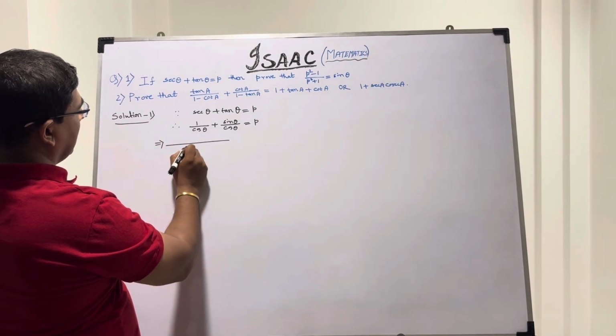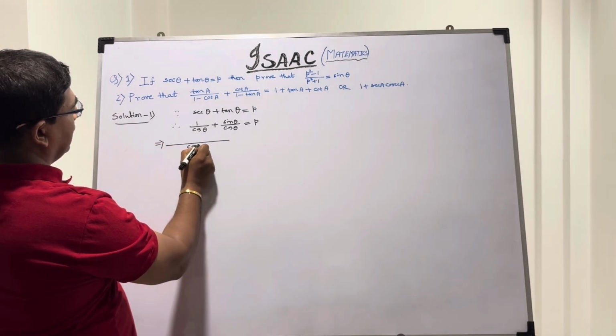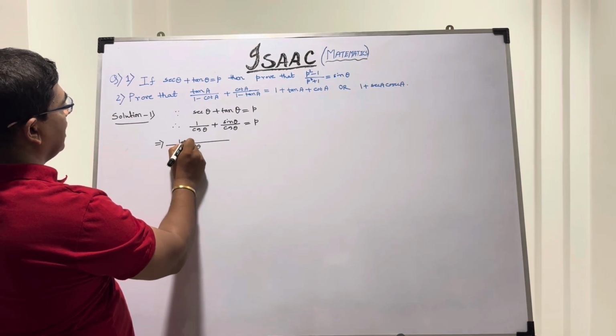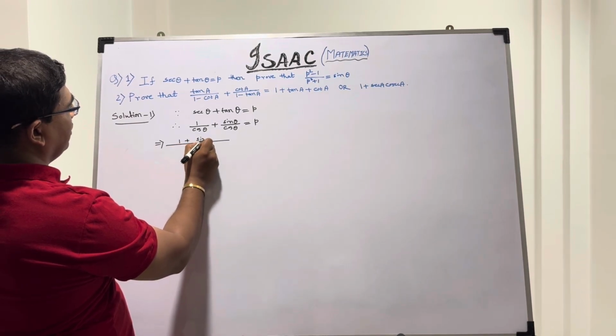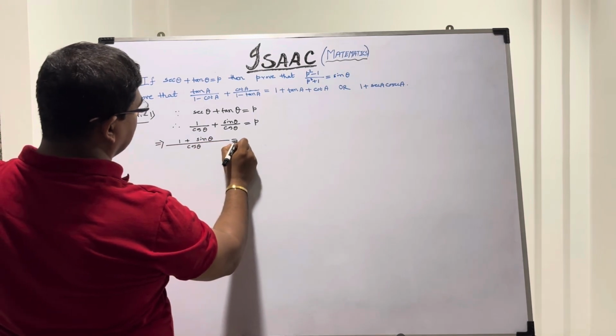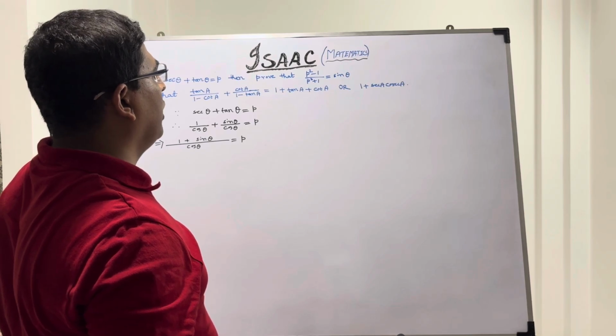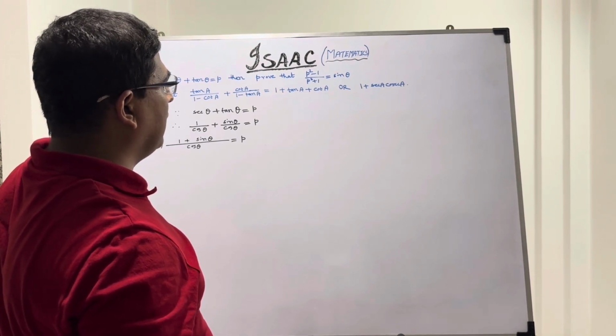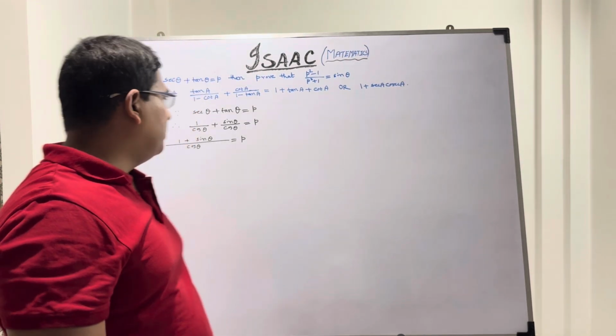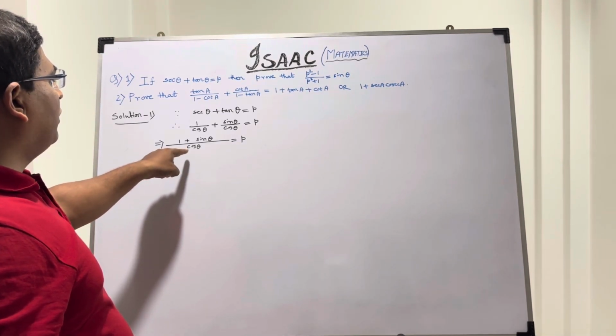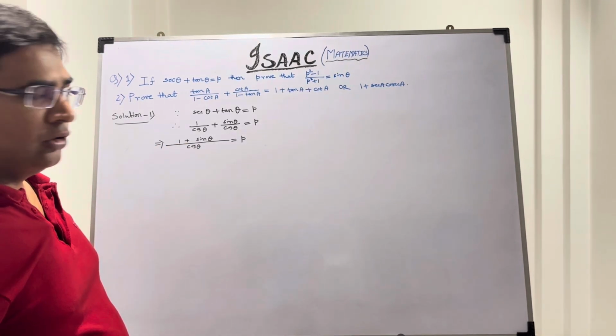Then we can add these two. The LCM is cos theta, and in the numerator there will be 1 plus sin theta. Now we have to prove (p square minus 1) divided by (p square plus 1) equals sin theta. That means we have to convert this cos theta in terms of sin theta.